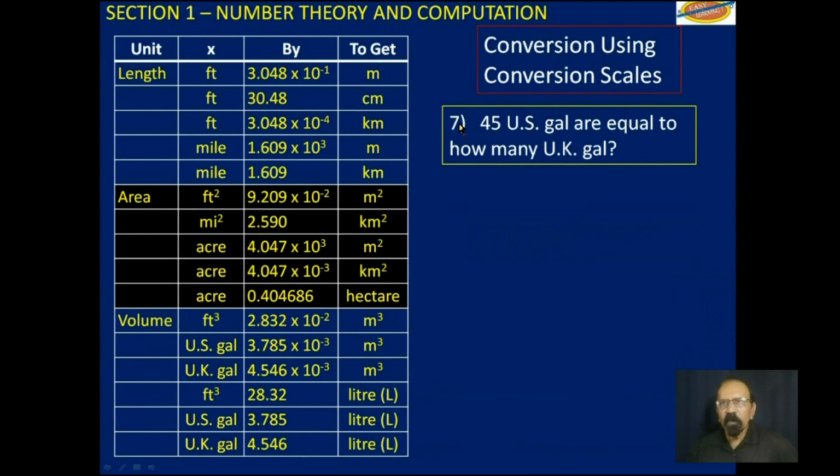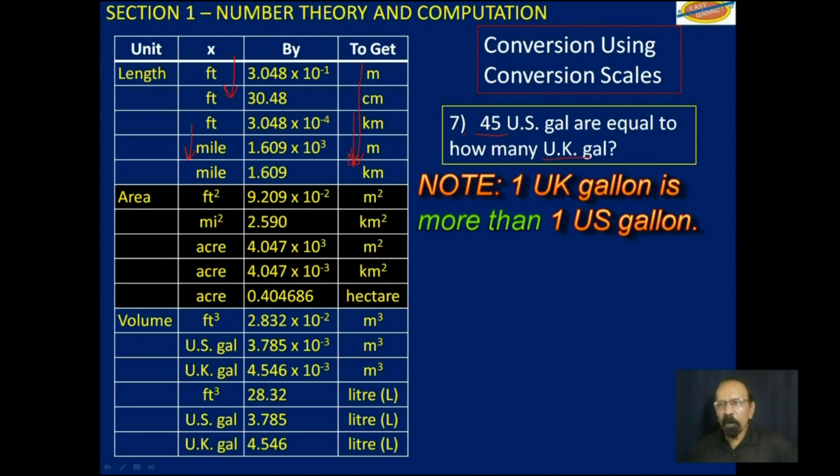Example 7, we want to convert 45 US gallon to UK gallon. Now, notice we are not moving from one of these units on the right to one on the left, nor from one on the left to one on the right. As a matter of fact, both of these are on the left. You have US gallon here and UK gallon here.